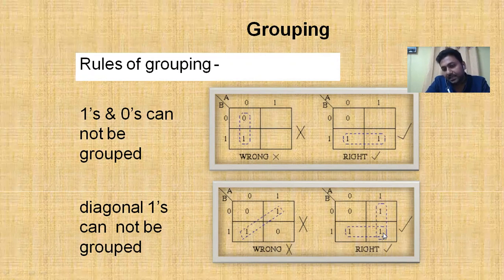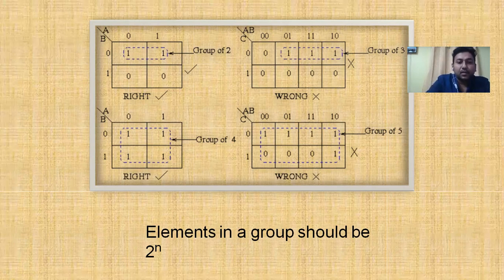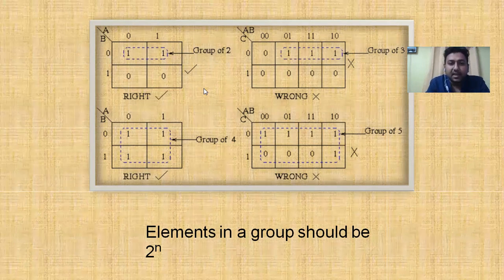One important thing is that this one is overlapped, but we already said that overlapping groups are allowed. Next, the number of elements in a group should be 2 to the power n. That means it will be 2, 4, 8, maybe 16. So a group of 2 is right.